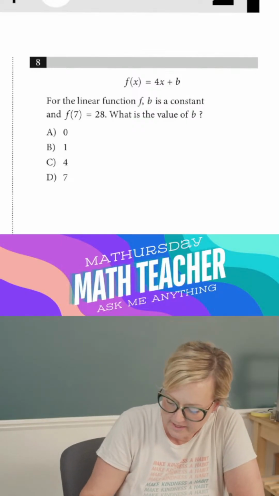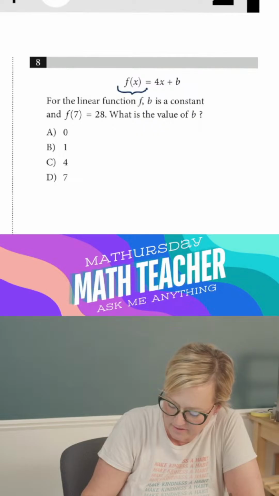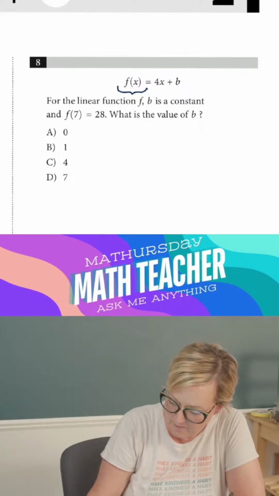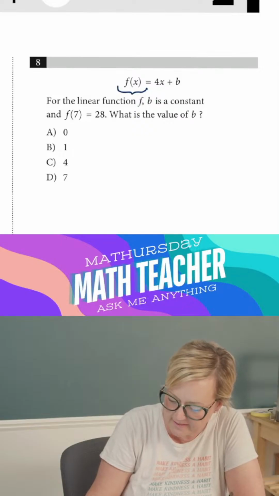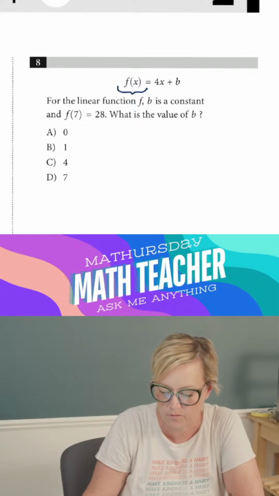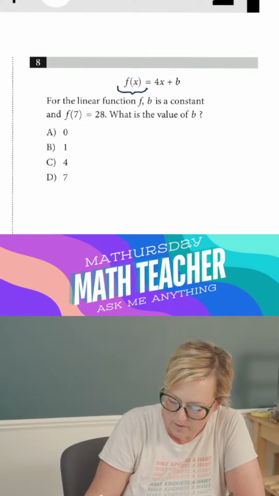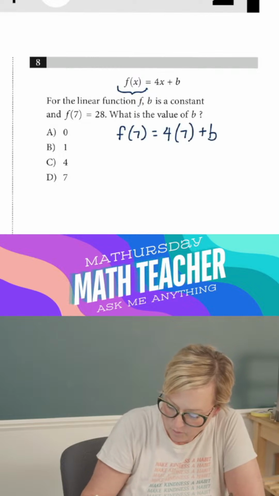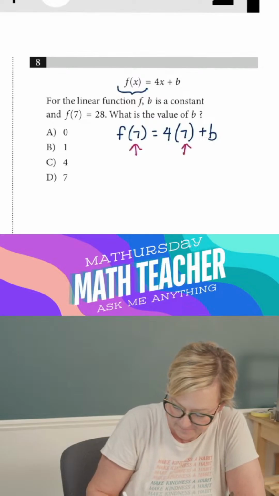All right, so this notation here, f of x, is called function notation. Whatever's in the parentheses is what gets substituted in for the x. So f of 7 would mean 4 times 7 plus b, because whatever's in the parentheses replaces the x.